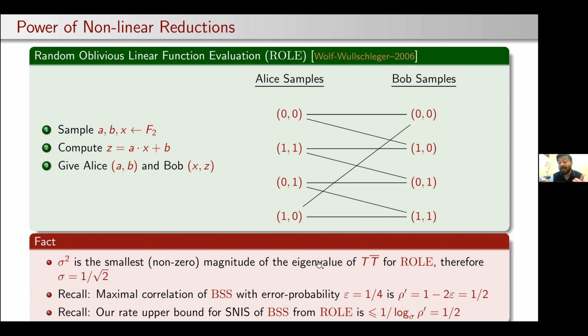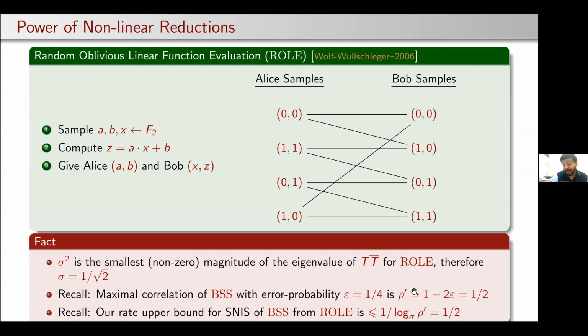Its eigenvalues are 1, half, and 0. So sigma is the square root of the smallest non-zero eigenvalue, and that turns out to be 1 by square root 2.